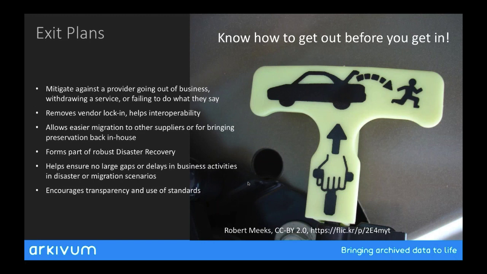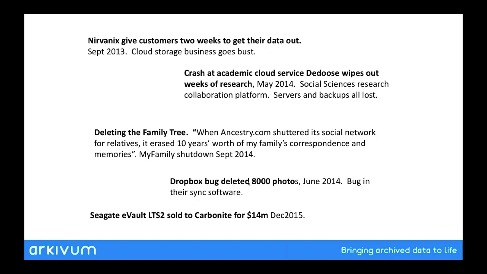So be able to mitigate against a problem at a cloud provider. Maybe they go out of business. Maybe they don't provide the service you want. Maybe you want to just migrate back in-house. So exit plans are important, and there are plenty of examples of when exit plans have needed to be put into effect when using cloud solutions.